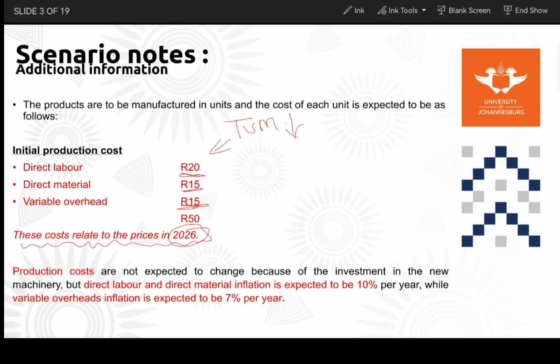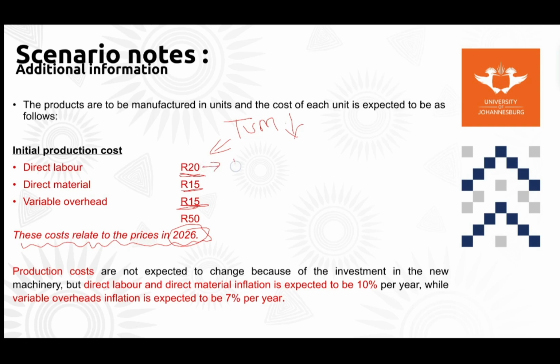So now we are told that we need to grow our direct labor value by 10%, as well as our direct material at 10%, and only our variable overhead is going to be grown at 7%, right? So we have those tools now.